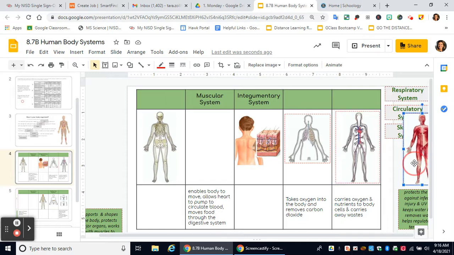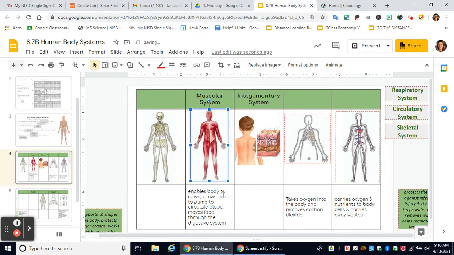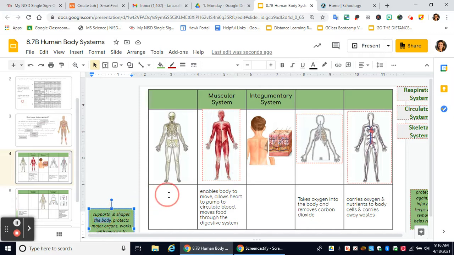Okay, and our last picture looks like the muscular system. So it enables the body to move, allows heart to pump and circulate blood, moves food through the digestive system. Okay. All right, and let's see here what this card is. We'll drag it over here.